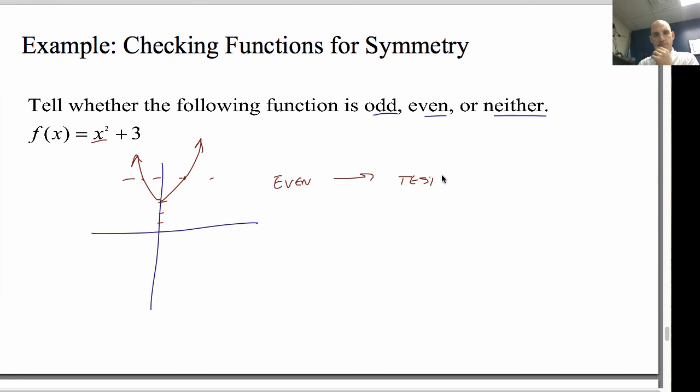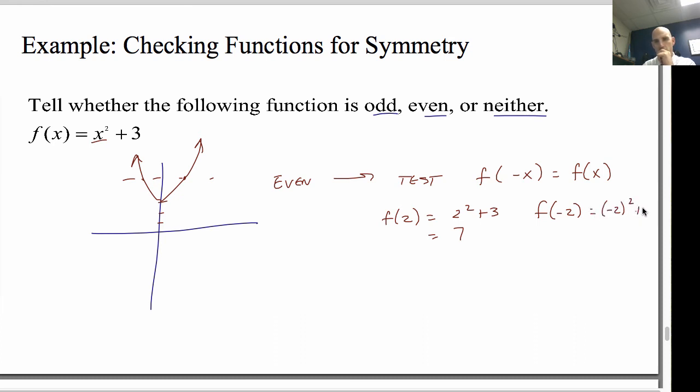But here's the test. Is f of negative x equal to f of x? Okay, so let's see. F of 2 is equal to 2 squared plus 3, which is equal to 7. And f of negative 2 is equal to negative 2 squared plus 3, which is equal to 7. So f of x, whatever it was, it just happened to be 2, is equal to f of negative x.